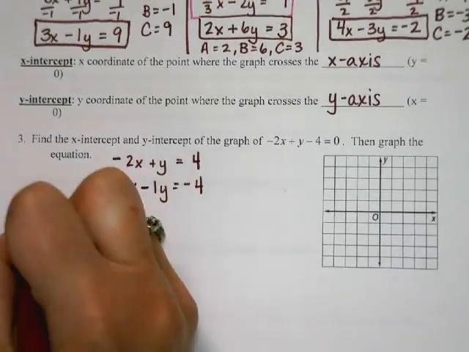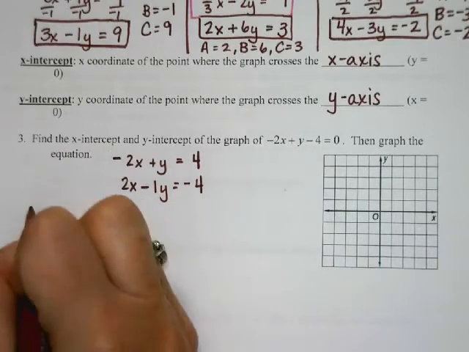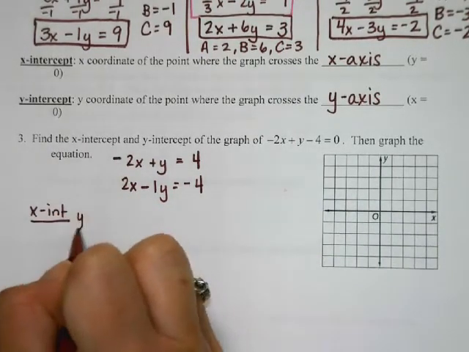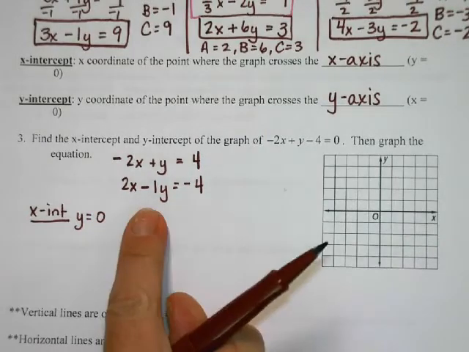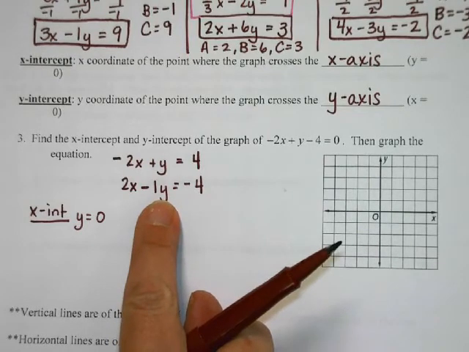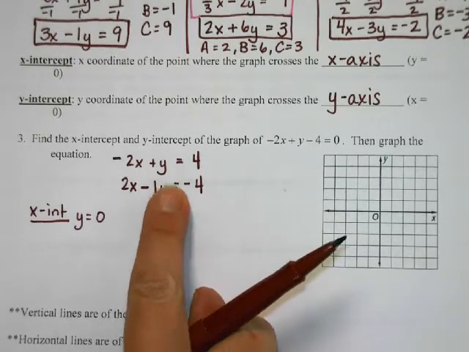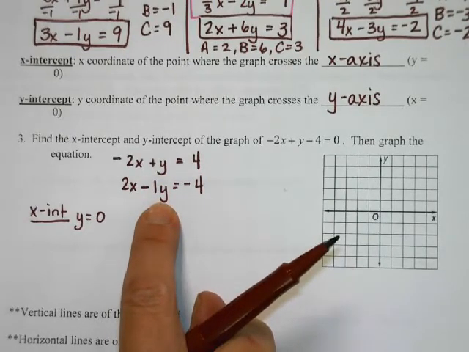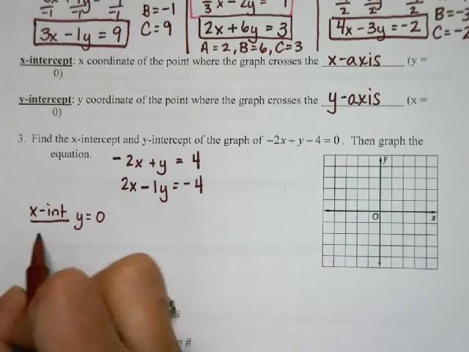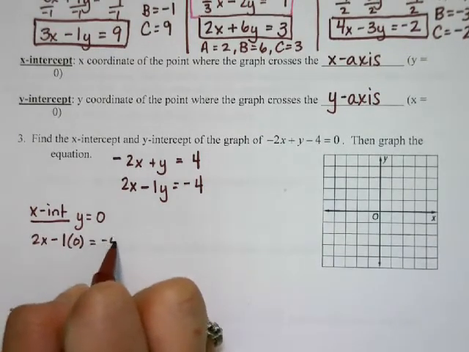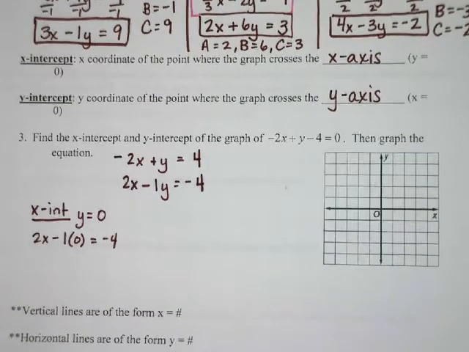Okay, let's find the x-intercept. If we're finding the x-intercept, I'm going to say y is equal to 0. If I plug a 0 in for y, what happens to this whole thing right here? 2x minus 1 times 0 equals -4.